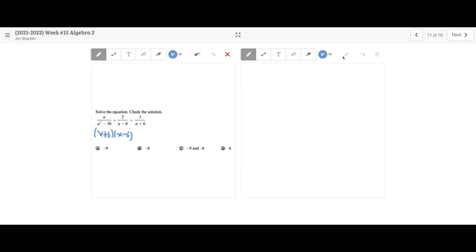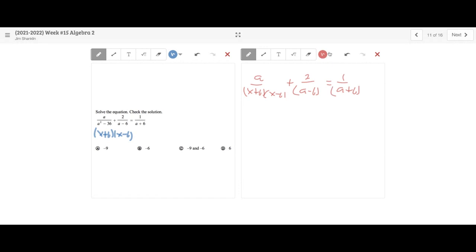So if I was going to do this problem, first thing I'm going to do is I'm just going to write the problem out. So I've got a over a plus 6, a minus 6, plus 2 over a minus 6 is equal to 1 over a plus 6.